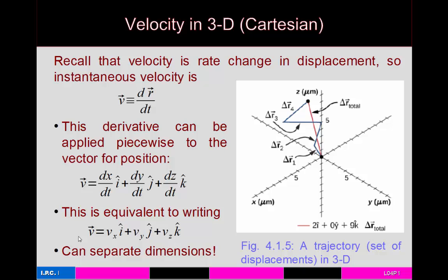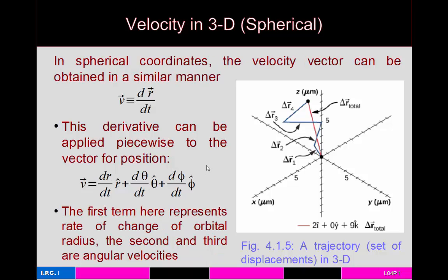So you can separate this easily into individual dimensions, each of which might end up looking like a 1D motion. In any case, what we do from there is we could also have spherical coordinates, and for that matter we could also use cylindrical coordinates and also obtain the velocity vector.